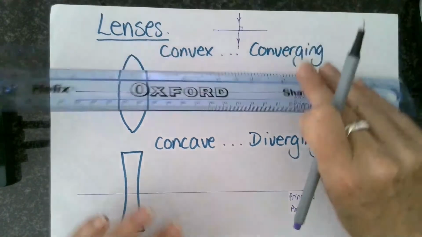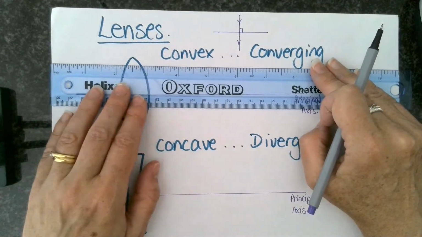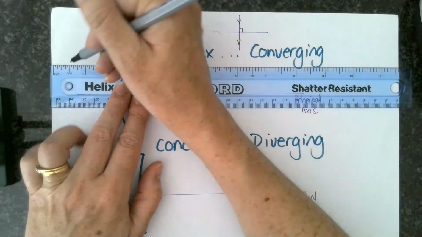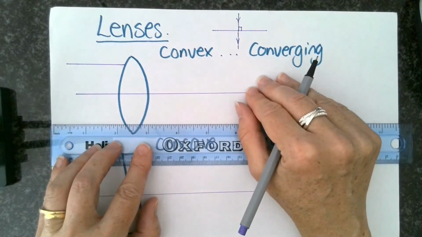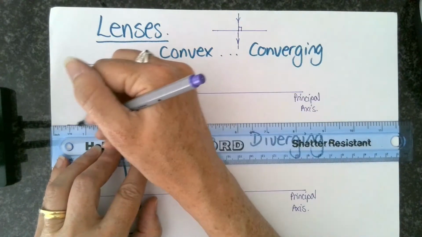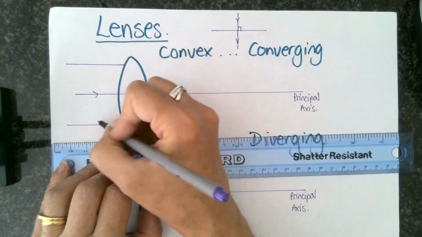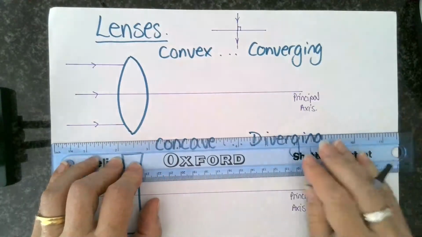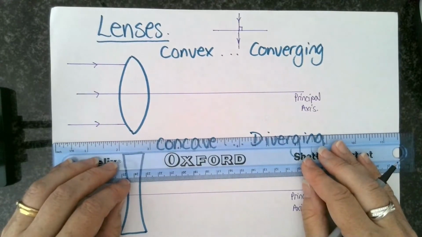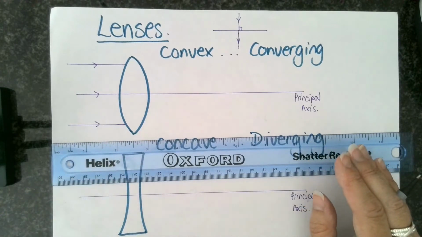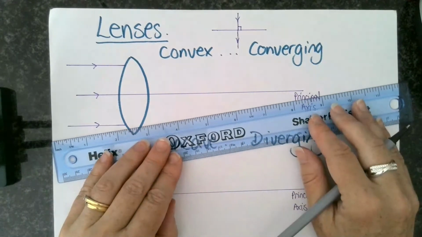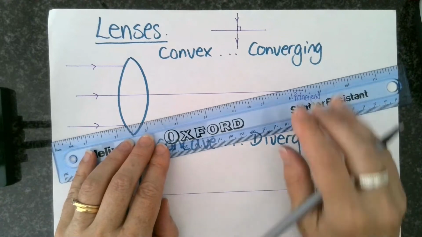If we then take more light that comes as if it's coming from a very, very long way away, so we tend to talk of it coming from an infinite source. So if you've used lenses in the classroom, you might have used them to focus the light from a window onto a wall to get a little image of a wall. And that's because the light is a long way away.